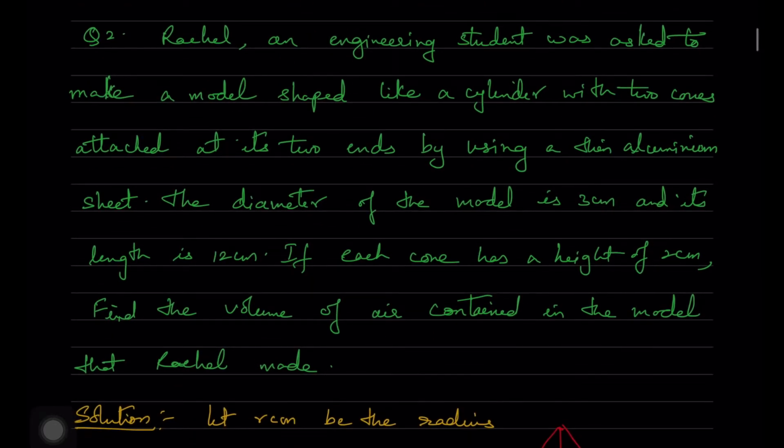Now the second problem. Rachel, an engineering student, was asked to make a model shaped like a cylinder with two cones attached at its two ends by using an aluminium sheet. The diameter of the model is 3 centimeters and its length is 12 centimeters. If each cone has a height of 2 centimeters, find the volume of air contained in the model that Rachel made.